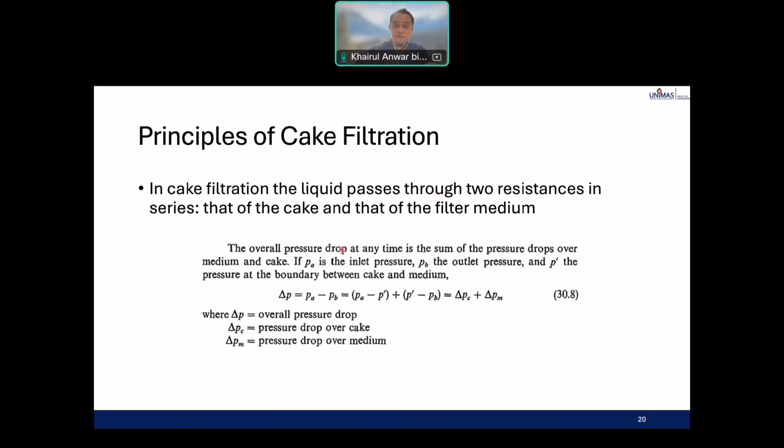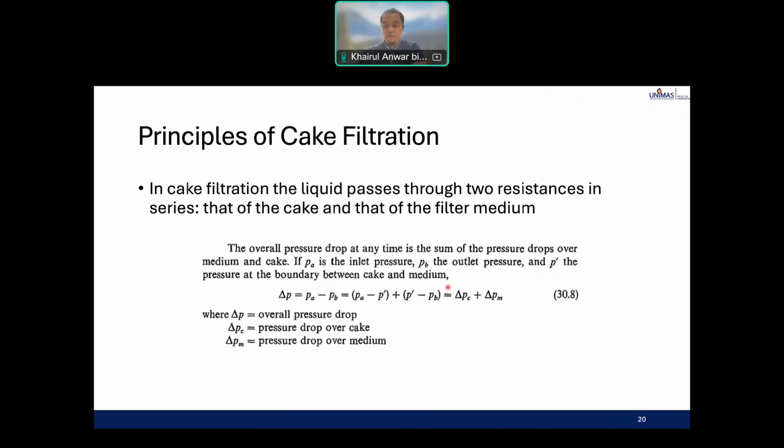So the overall pressure drop at any time is the sum of the pressure drop over the medium and cake. So if PA is the inlet pressure, PB the outlet pressure, and P prime the pressure at the boundary between cake and the medium.